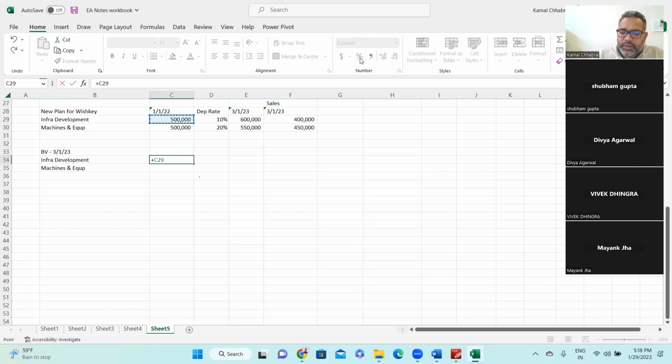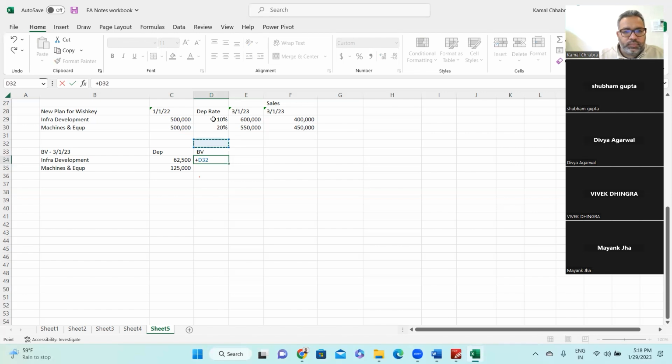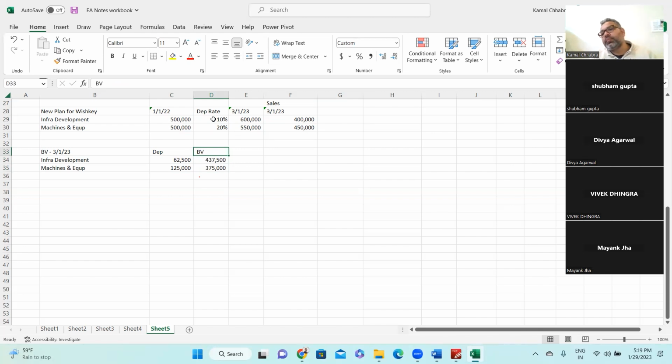So this 5 lakh multiplied by 10% multiplied by 15 divided by 12. This is what we have done in the math earlier. Now here you have 20% depreciation. So this is your depreciation, and the book value will be this minus this, and this minus this. This is your book value.